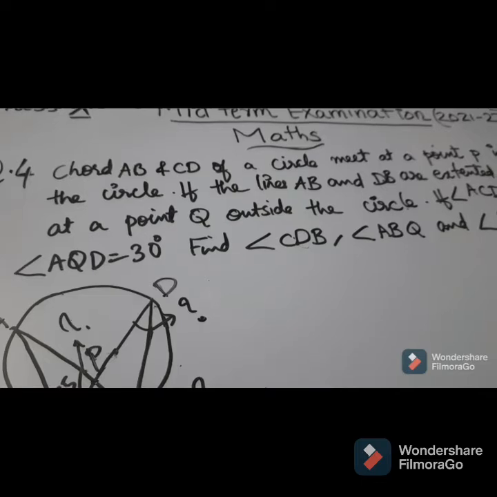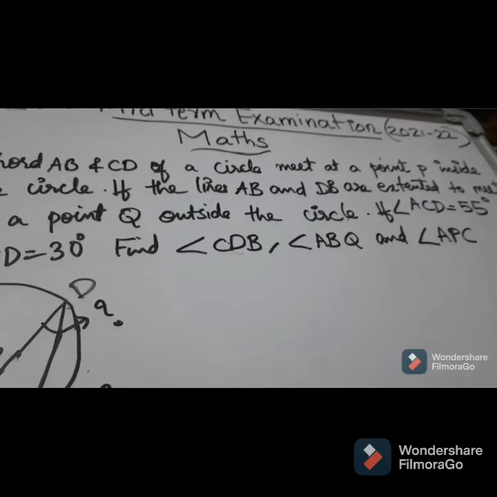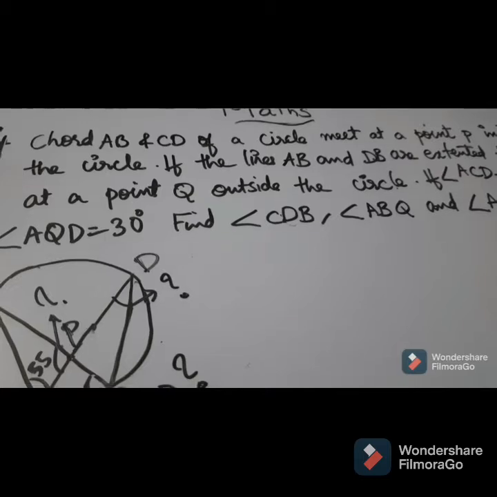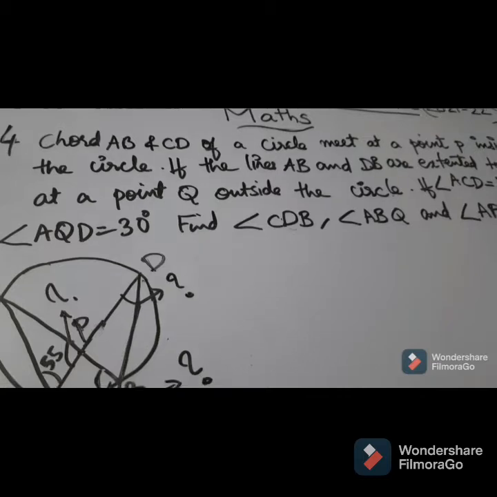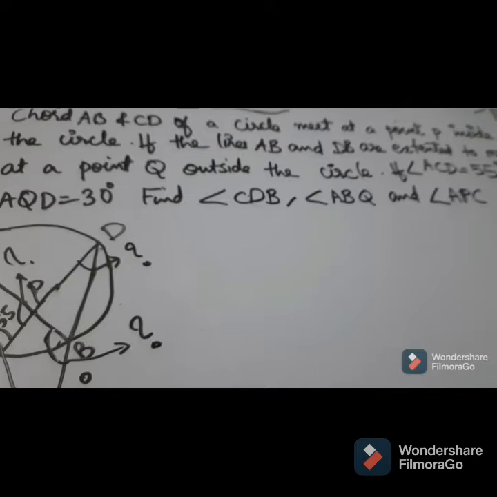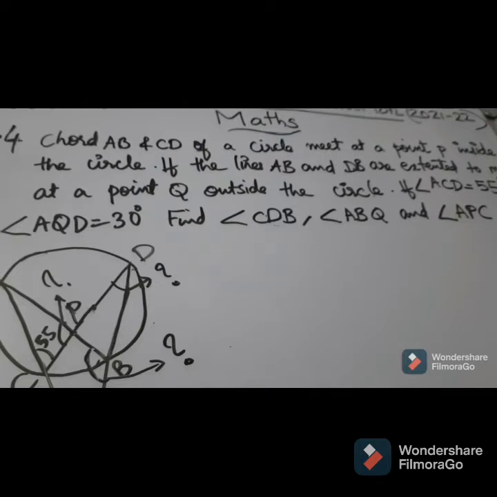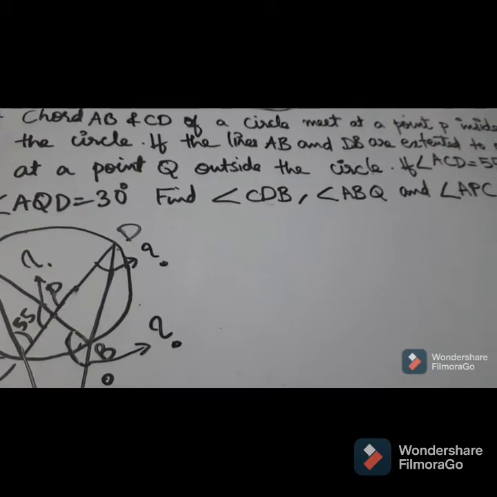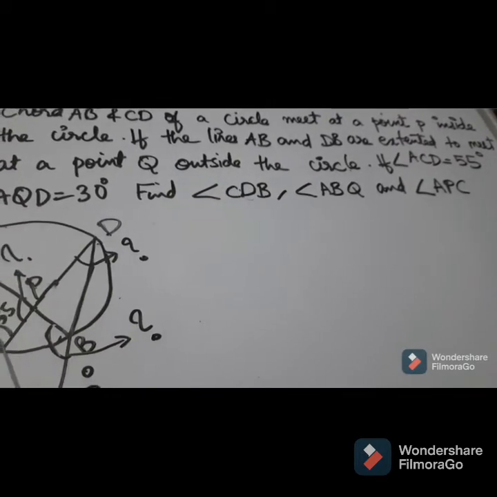Now question number 4. Chords AB and CD of a circle meet at a point P inside the circle. If the lines AB and DB are extended to meet at a point Q outside the circle, if angle ACD equals 55 degrees and angle AQD equals 30 degrees, find angle CDB, angle ABQ and angle APC.